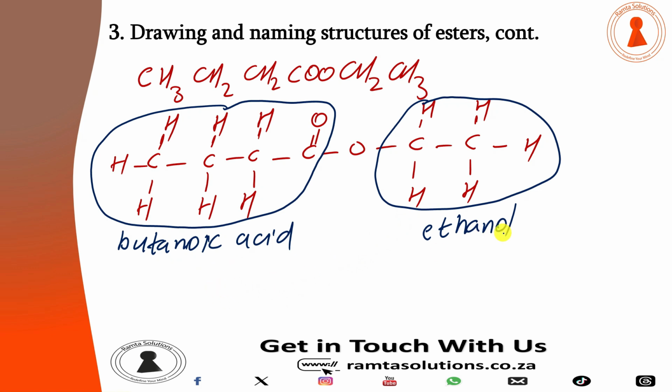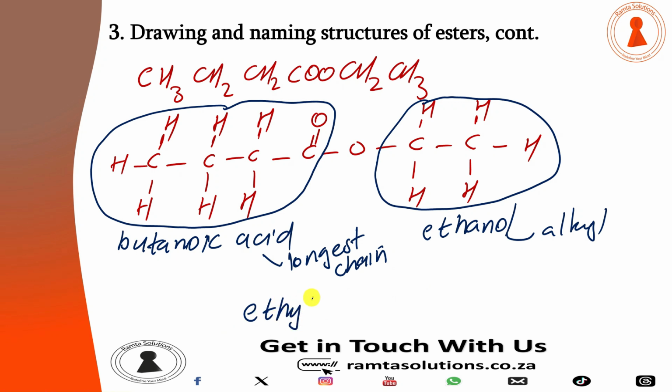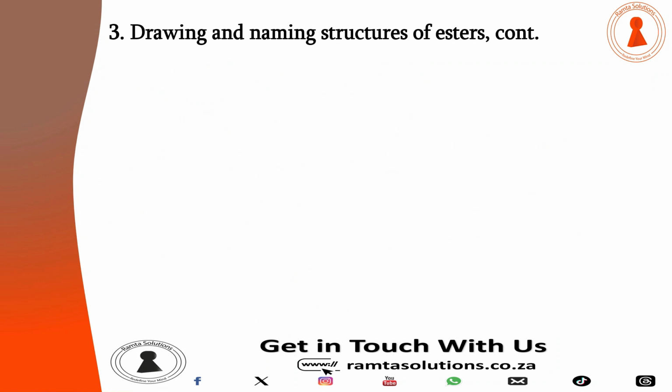This becomes the alkyl, and this becomes the longest chain. So this therefore becomes ethylbutanoate. Happy?